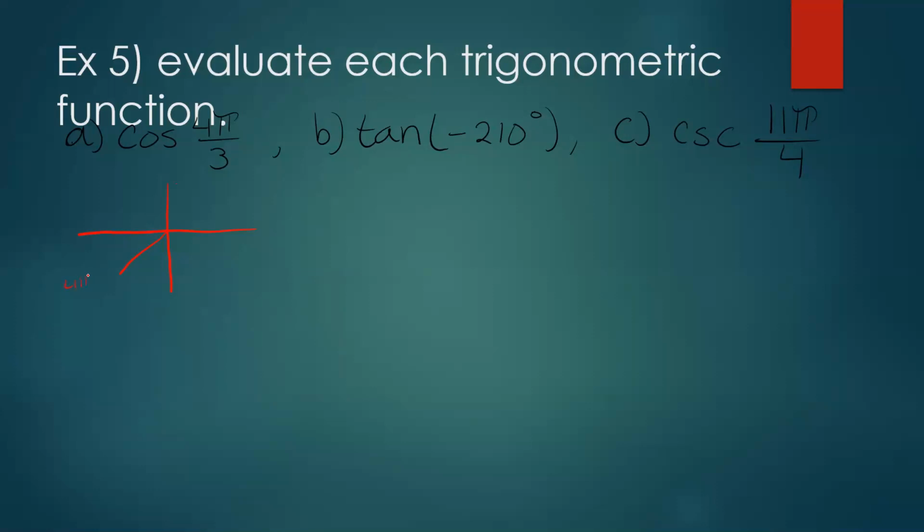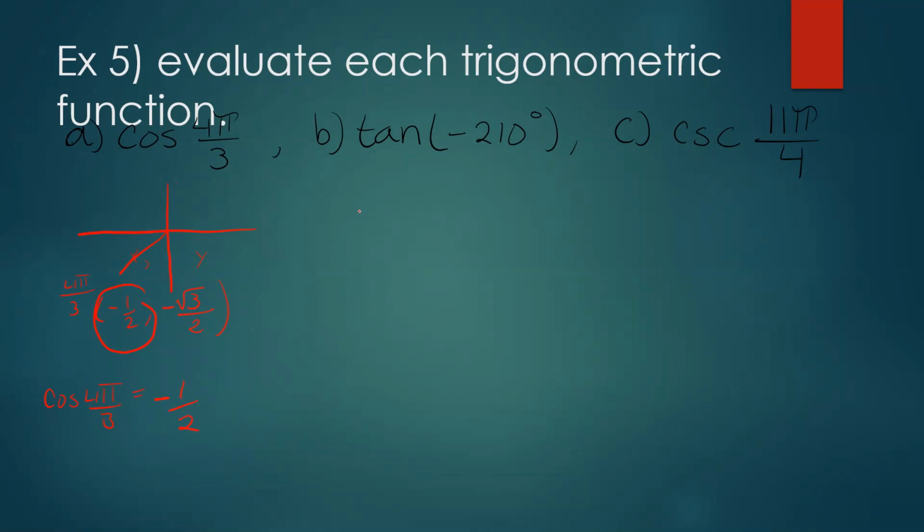It has an x cosine value of negative 1/2 and a sine value of negative radical 3 over 2. Cosine is technically just the x value, so the cosine of 4 pi over 3 is exactly negative 1/2.